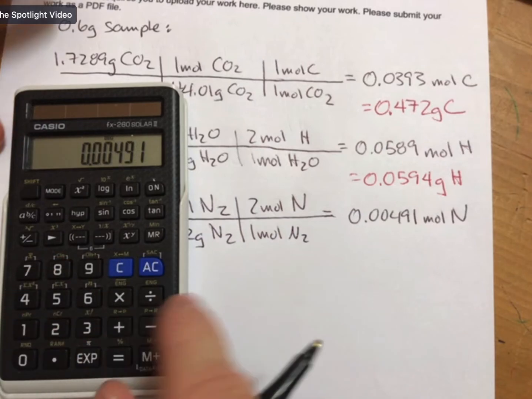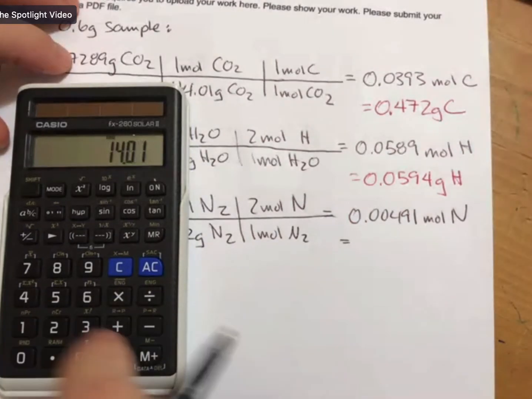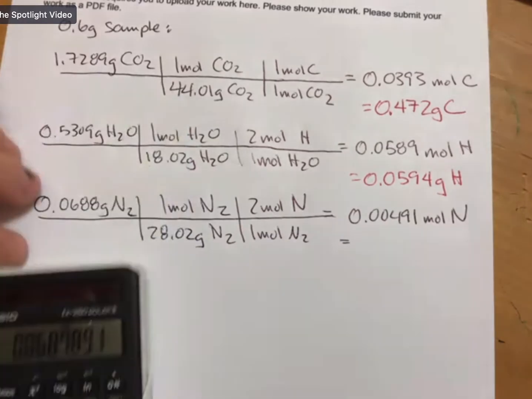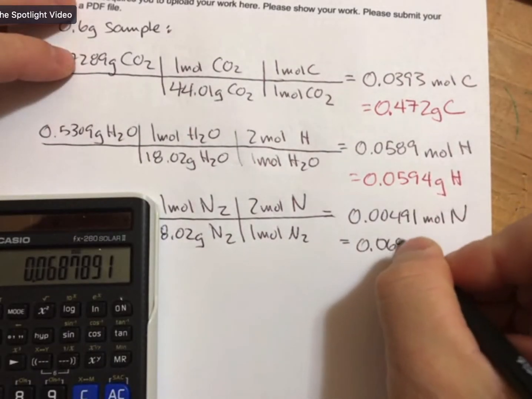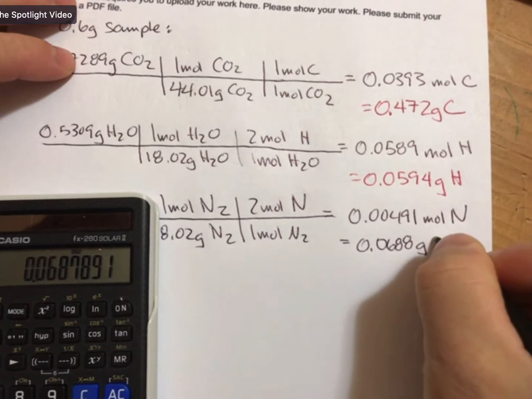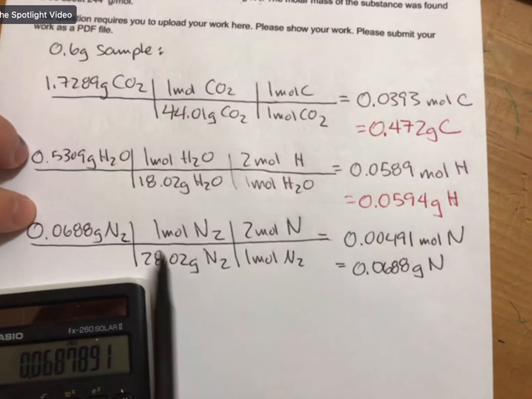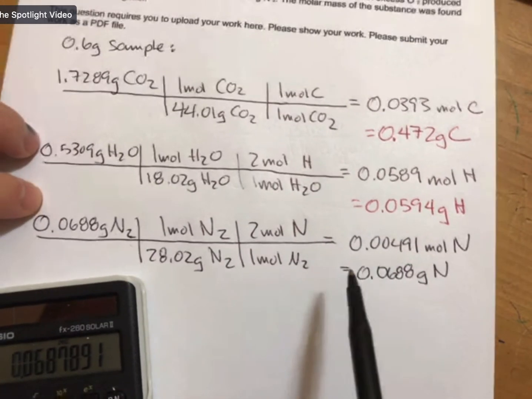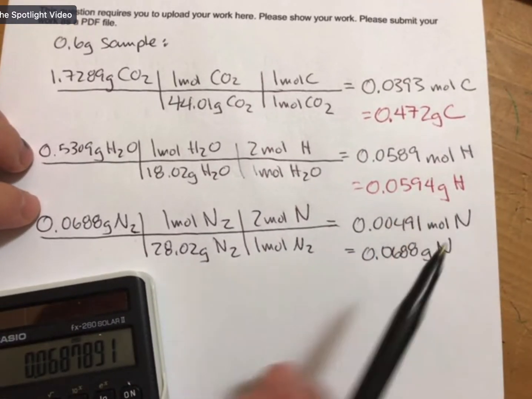And when I multiply that times 14.01, I get my 0.0688, which I started with. So because it was all nitrogen, we were counting them 2 at a time. All we did by doing this calculation was start counting them 1 at a time to get the proper number of moles.